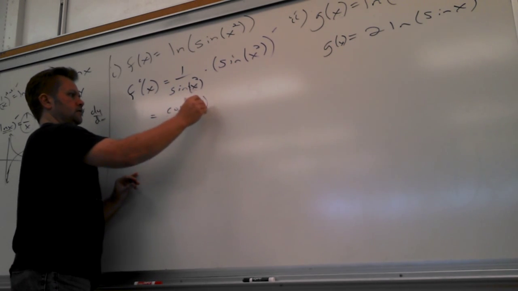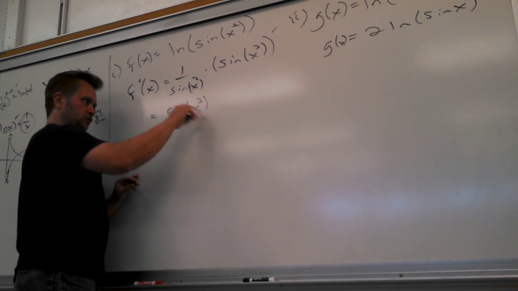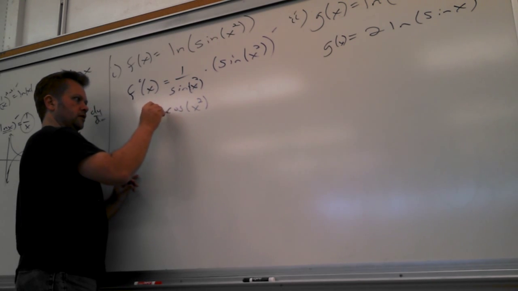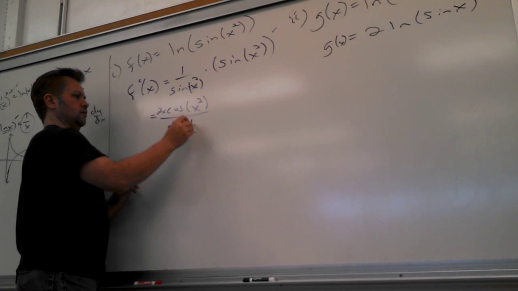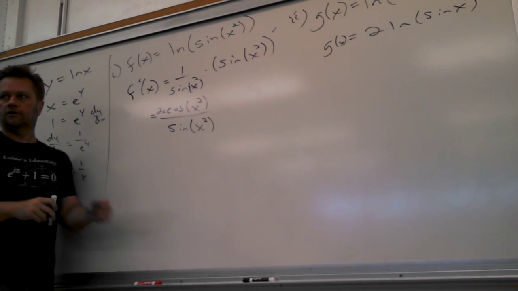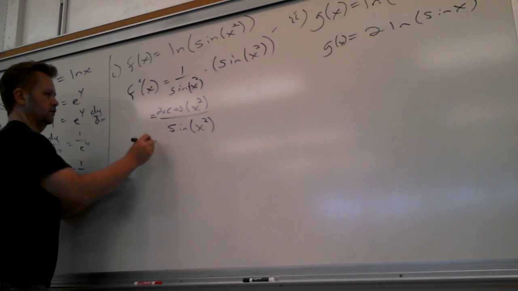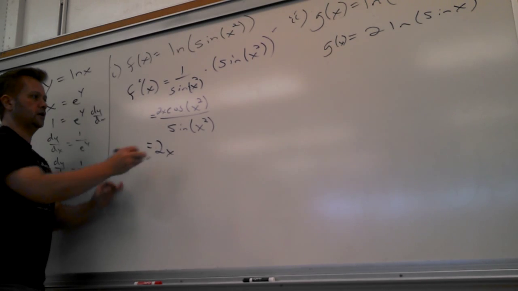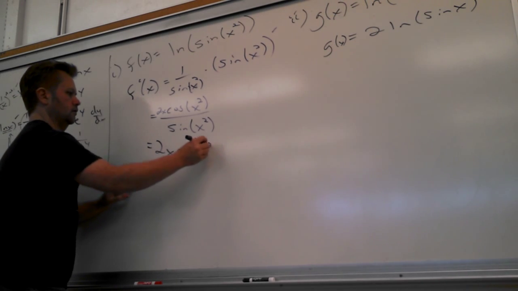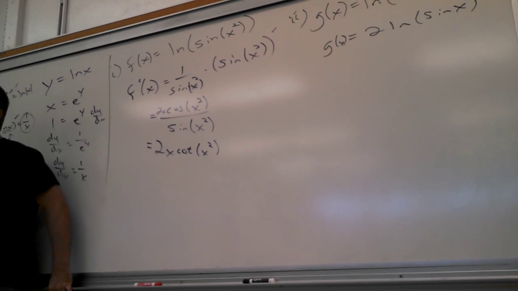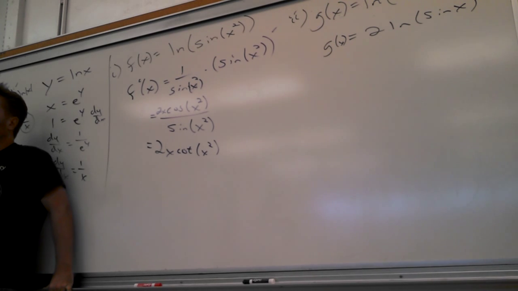Cosine of this, times the derivative of this, which is 2x. And if you wanted to, you can write this as 2x cotangent of x squared. So, kind of look for that. I'm not going to take points off, but it's always nice when you realize you can make something more concise, right?